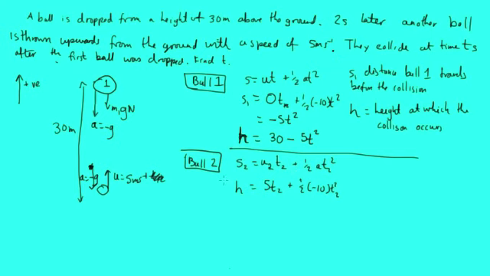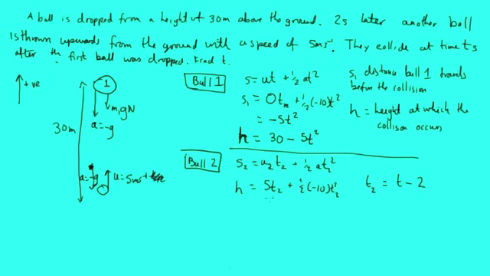Now, let's think about the time that t2 travels. Ball 2 was released 2 seconds after the first ball was released. So t2 can be thought of as t, the time that the first ball travels, minus 2, because its motion is 2 seconds behind.